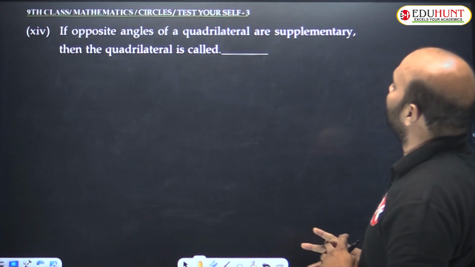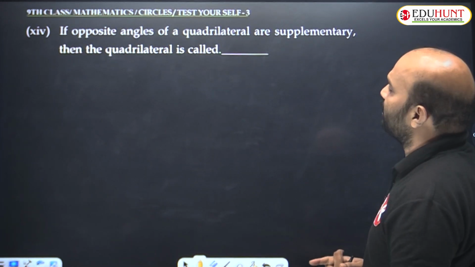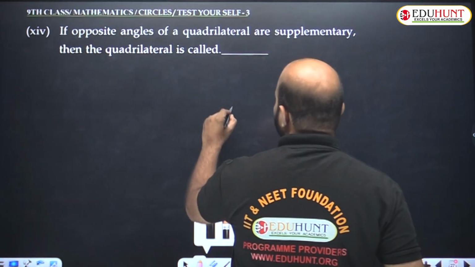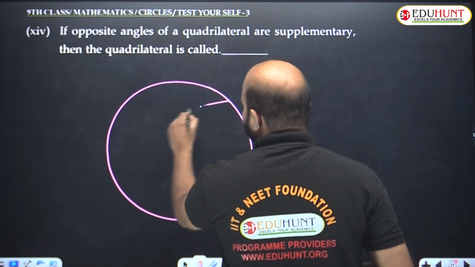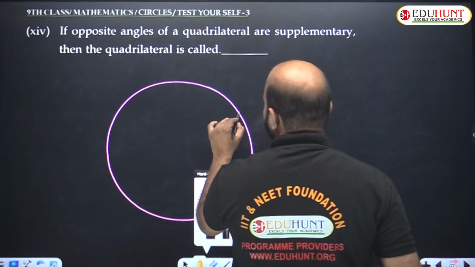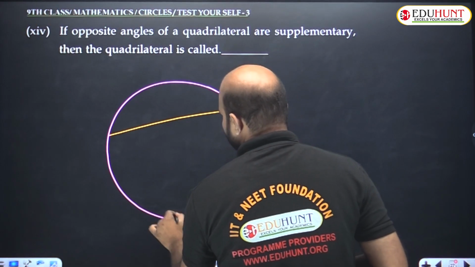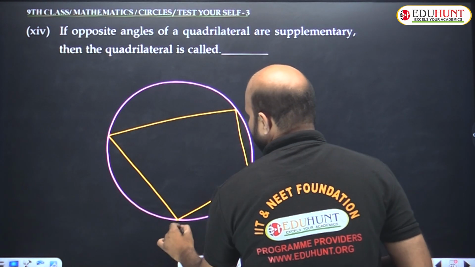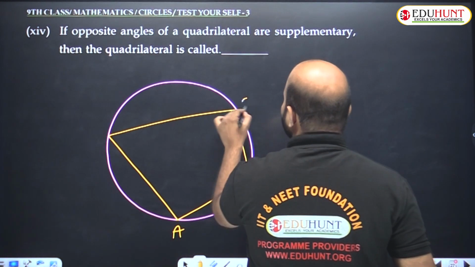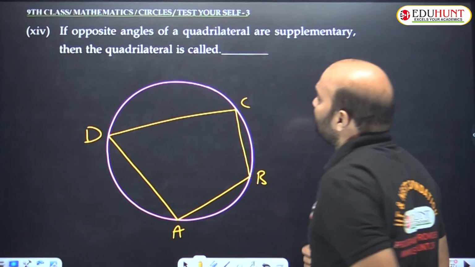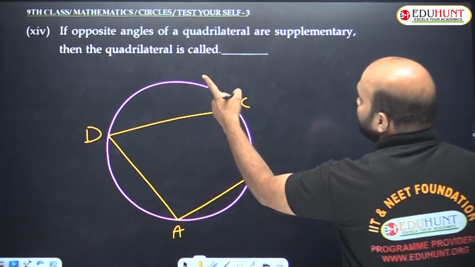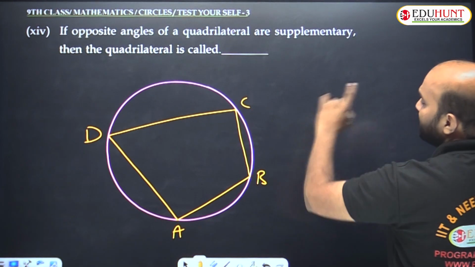If opposite angles of a quadrilateral are supplementary, then that quadrilateral is called dash. So here I am taking ABCD as a quadrilateral. Am I clear? So the opposite angles of the quadrilateral are supplementary.